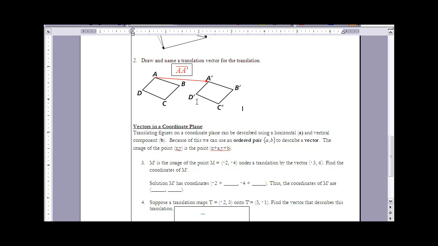To draw in the vector, we can take any pre-image point and make that the initial point, and take any image point and make that the terminal point, and then draw in that vector. So that would be the vector A A prime, and you'll notice that I have the vector symbol over the top of that.